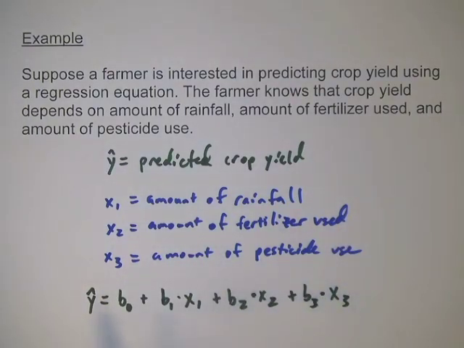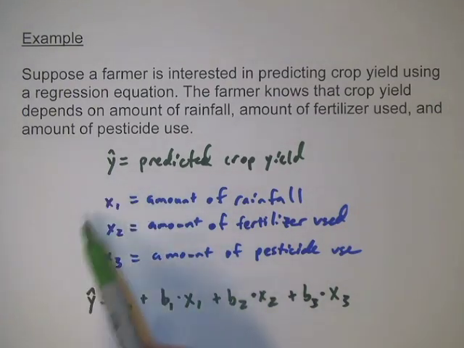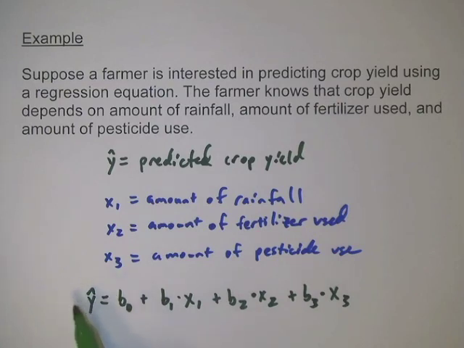If you were to actually do a multiple regression, you would end up with numbers in for b0, b1, b2, b3. Then you would put in your specific values of your variables to get a predicted crop yield under those certain conditions. I'm not actually going to show how to do it because that's pretty advanced, but note that you would get an equation that would look like that with just numbers plugged in.